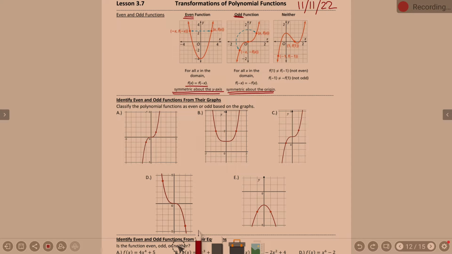If you take this and rotate it 180 degrees, notice it's going to land right down here on top of itself, isn't it? So that's what it means to be symmetric about the origin. And in fact, I'm going to put here rotation of 180 degrees, because that might help you to understand that one as well.